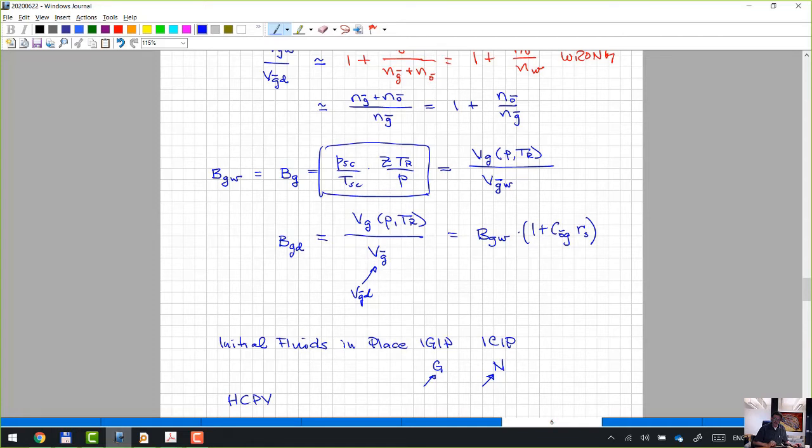Now, the units have to be consistent here. In this case, COG has units standard cubic feet per stock tank barrel, so the little rs would have to be given in terms of stock tank barrel per 1,000,000 standard cubic feet.